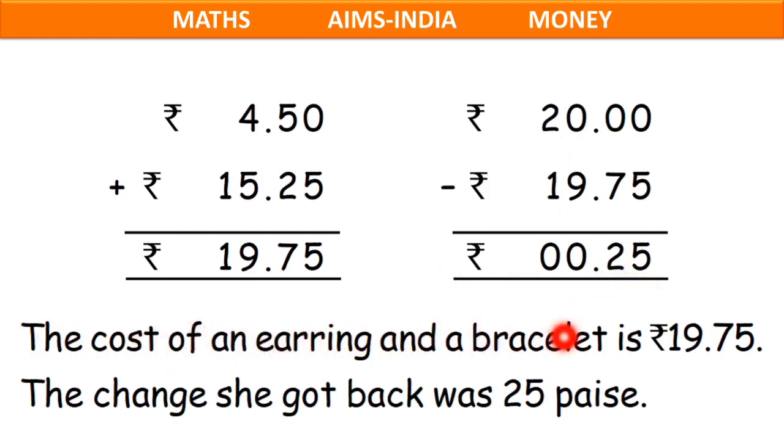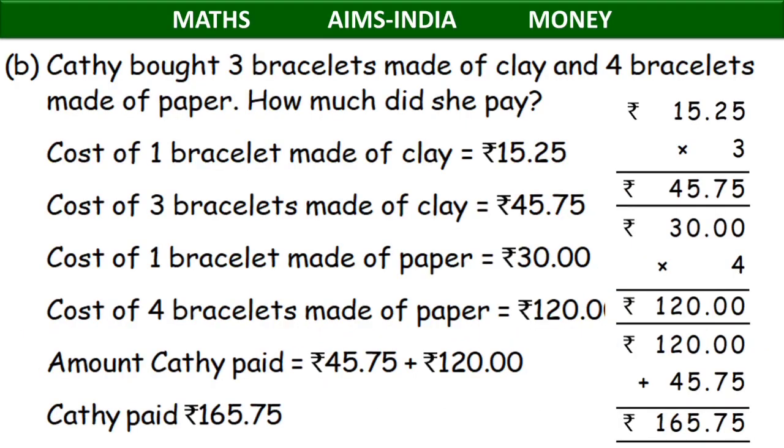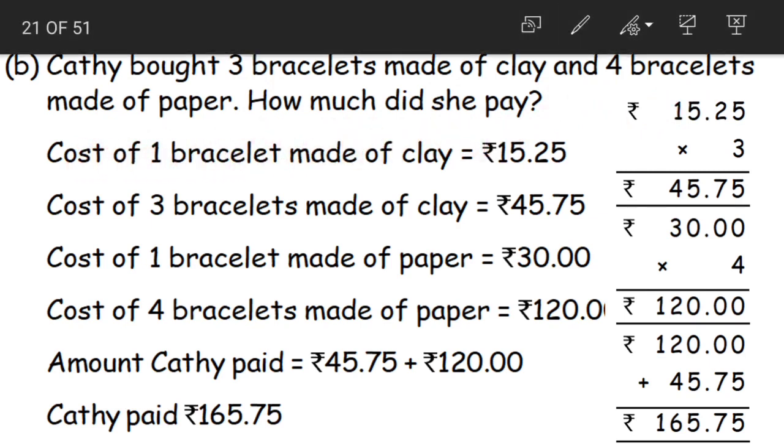The cost of an earring and bracelet is 19 rupees 75 paise, and the change she got back was 25 paise. Yes, children, clear? Now coming to question B. Kathy bought 3 bracelets made of clay and 4 bracelets made of paper. How much did she pay? See here, understand the question.